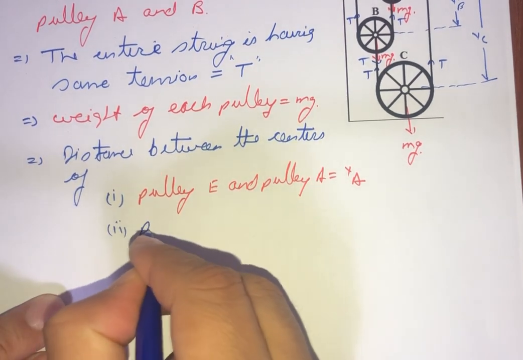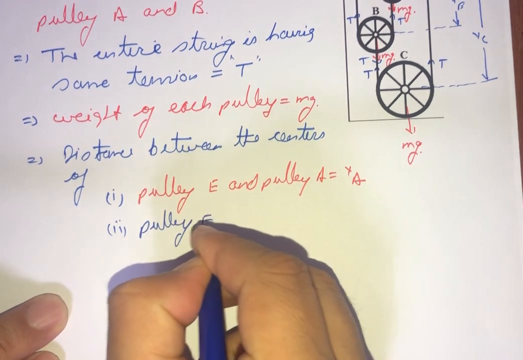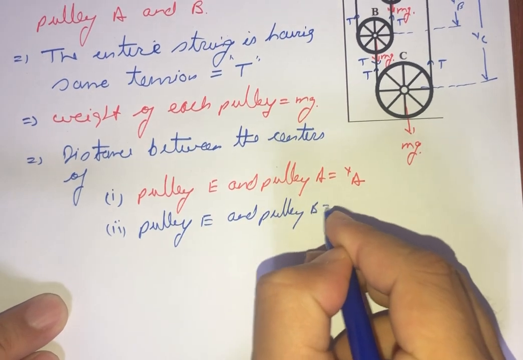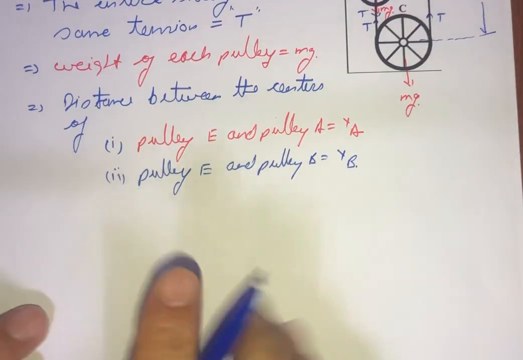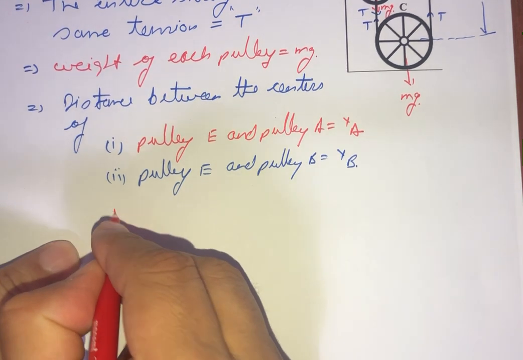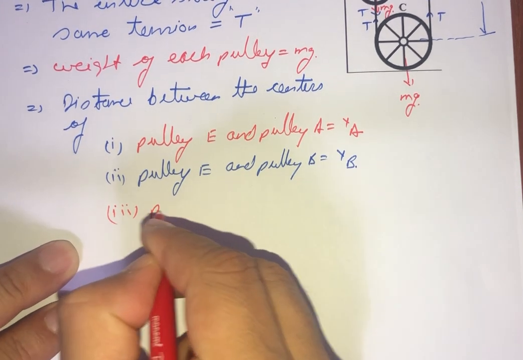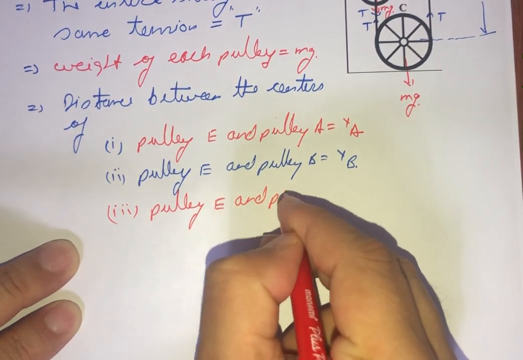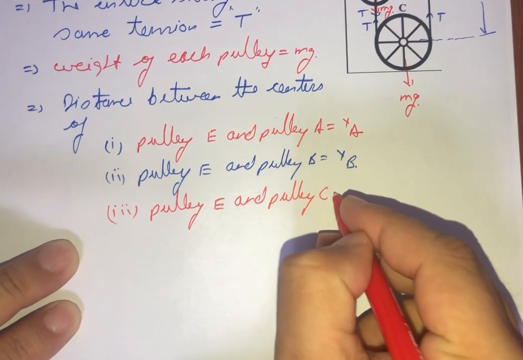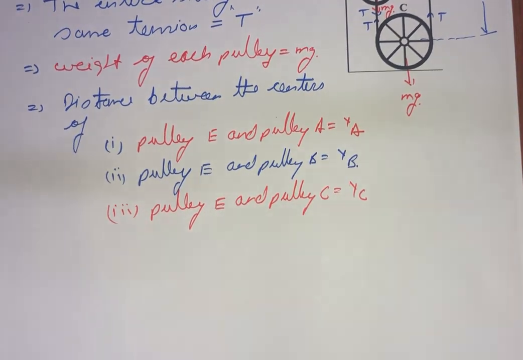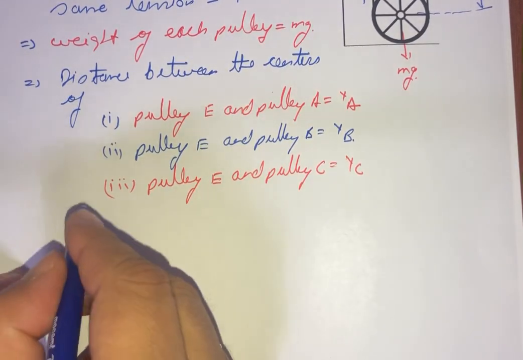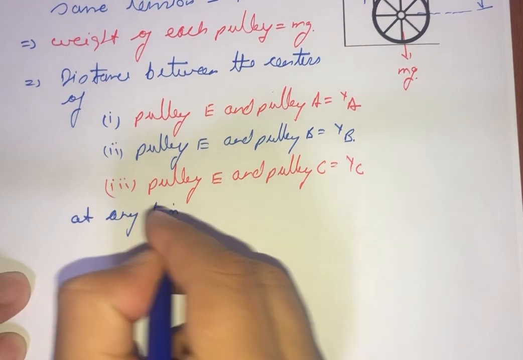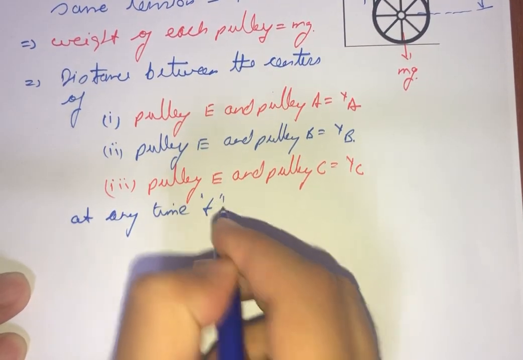Second, pulley E and pulley B is taken as YB, and finally pulley E and pulley C is taken as YC at any time t.